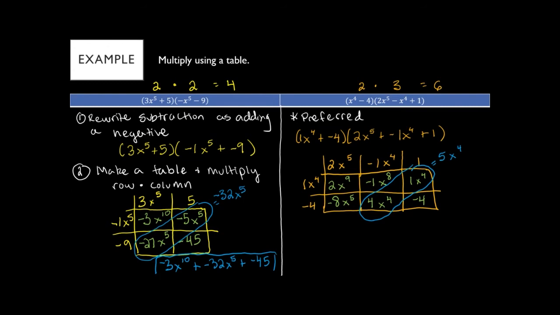So the way that I read my answer is I follow the highest exponent. So I'm going to do this box first, 2x to the 9th. This is the next highest, minus 1x to the 8th. Then x to the 5th. So they kind of go zigzag. So minus 8x to the 5th. Then I'm going to use the x to the 4th, because that's the next one, plus 5x to the 4th.